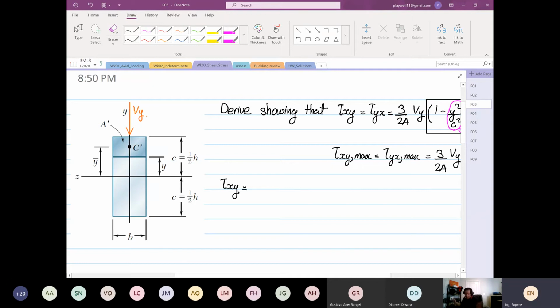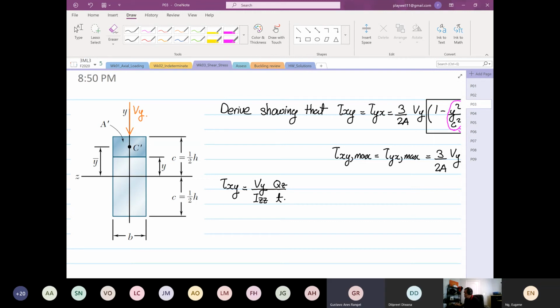And now all of you know that this is equal to Vy over what? Can you remember? Is it Iyy or Izz? Anyone? Izz. Yes, Izz, right? Qz, divided by t. Okay. Eugene, I know that you already touched on this, but I kind of want to remember.